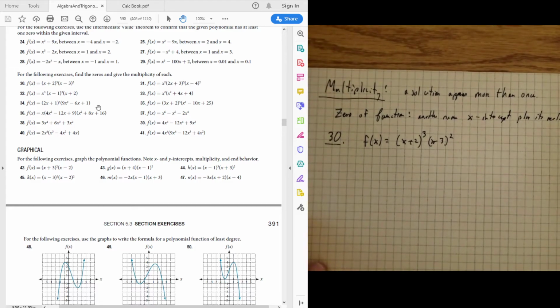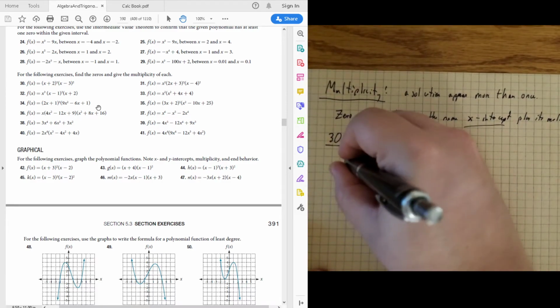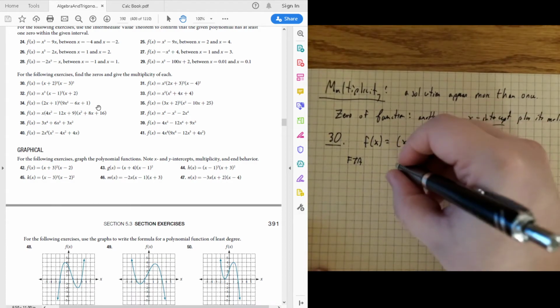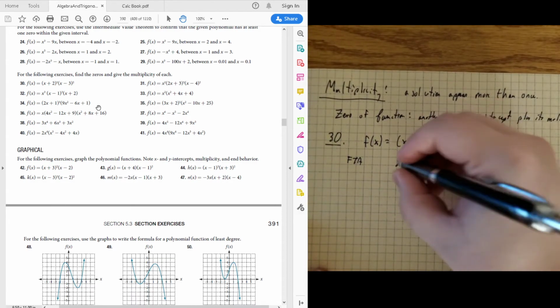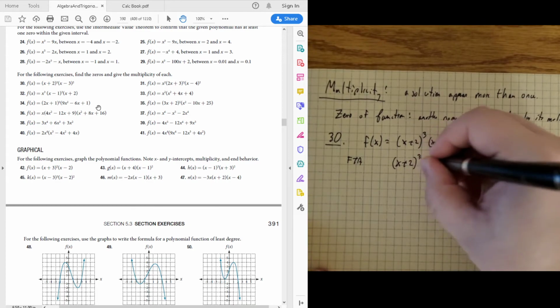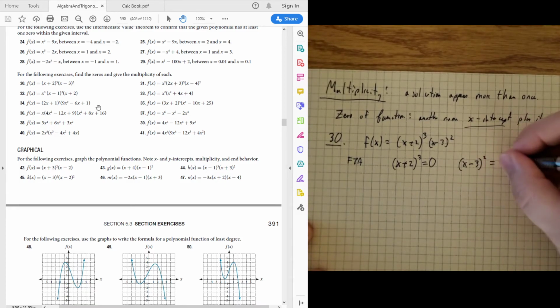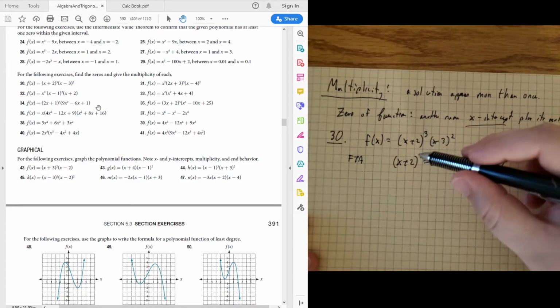Now, if we think back to how we found the x-intercepts, what did we do? Well, we used the fundamental theorem of algebra to break this into two problems. We would do (x plus 2) cubed equals 0, and (x minus 3) squared equals 0. Now, to get rid of the cube, we use a cube root.